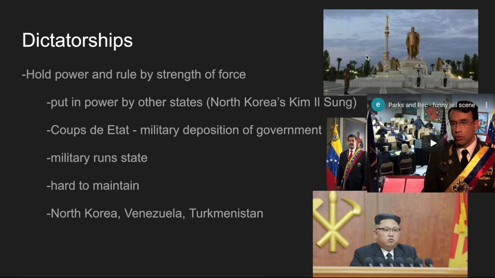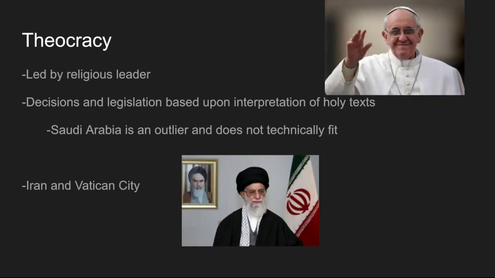They'd prefer somebody who actually could feed them and let them buy jeans or get McDonald's or an Xbox or whatever. None of these countries allow for that sort of thing. So there's your dictatorships, holding on to rule by strength of force.